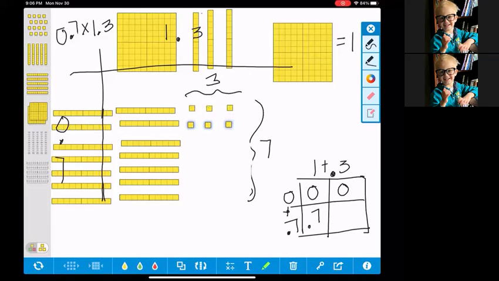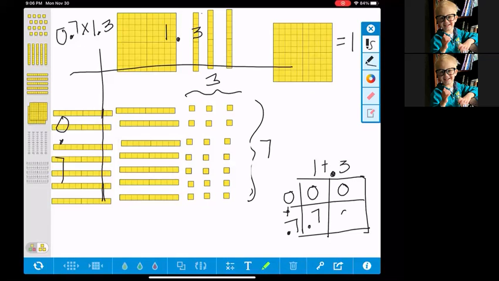So we want it 1 time, 2 times, 3 times, 4 times, 5 times, 6 times, 7 times. And so just by understanding this area model, we didn't literally have to make all 21 of them. You already knew that.